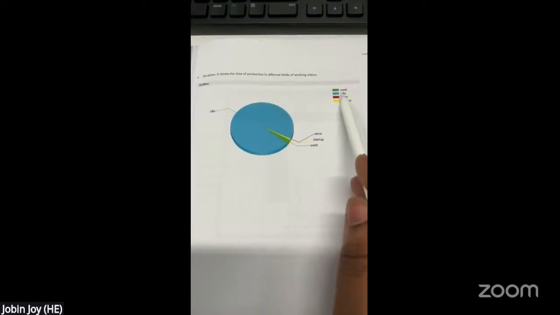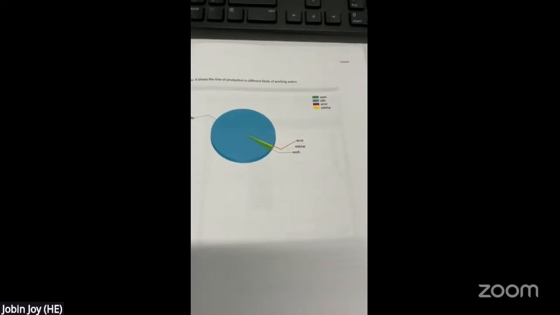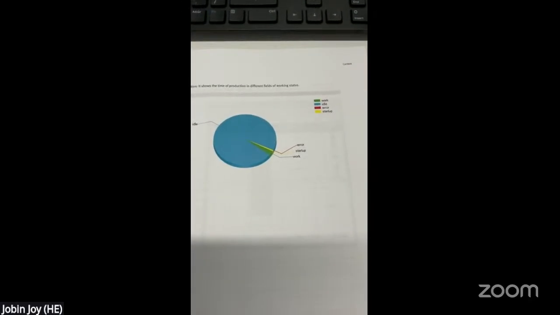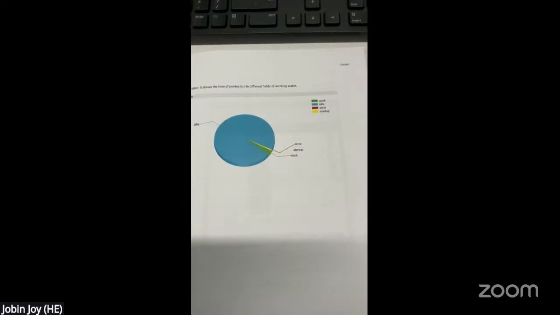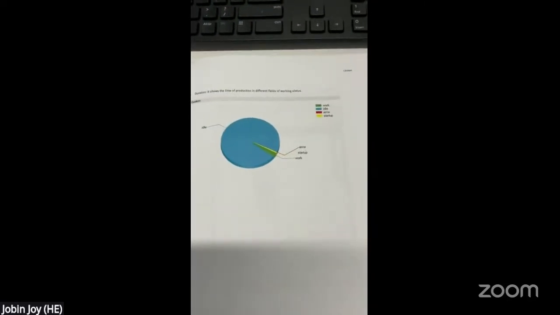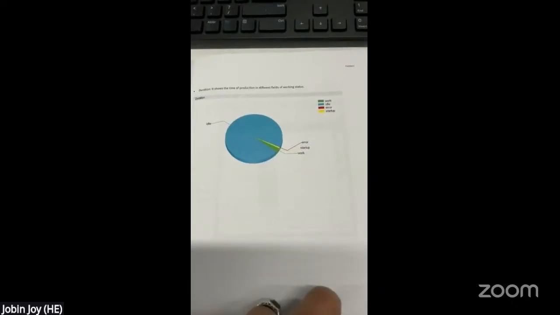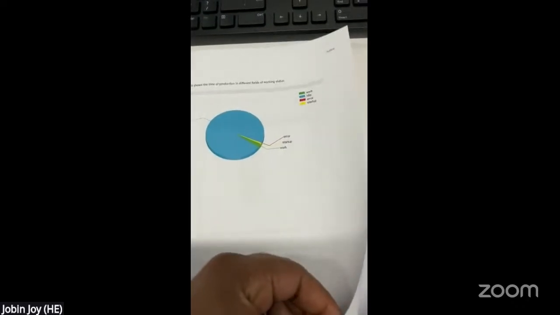If blue is more, that means the machine is doing nothing the majority of the time. If green is more, that means more production. If red is more, that means the machine is facing errors. Yellow means the time used to start the machine.